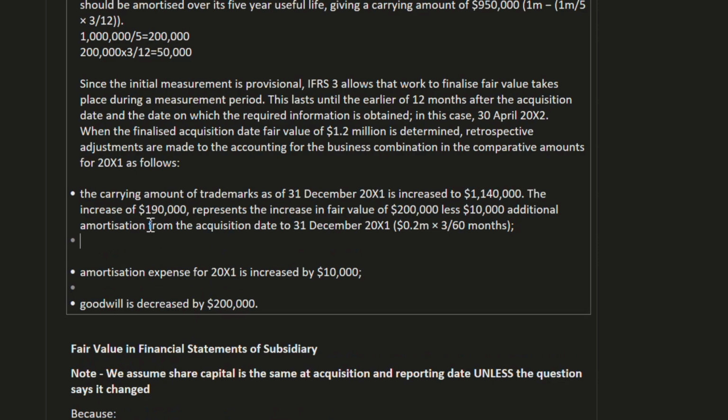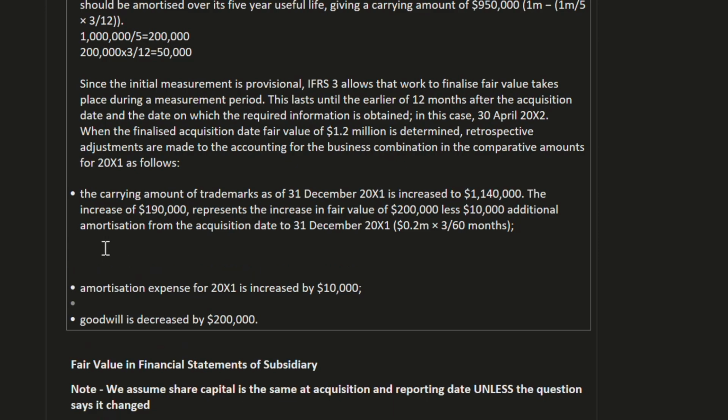So how much is the increased amount? The increased amount in the fair value is 200,000. We are going to pass the journal entry, and that journal entry will increase the value of the trademark by 200,000. So the carrying value at acquisition will become 1.2 million.